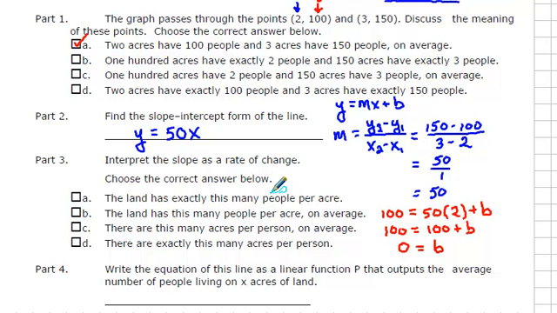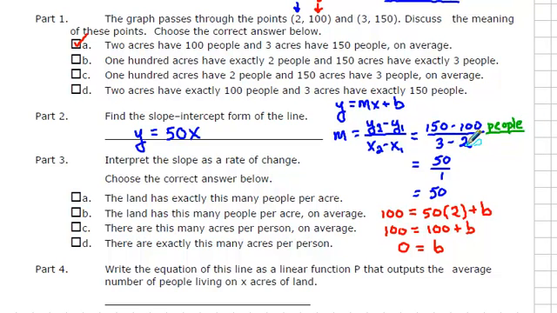In part 3, we're asked to interpret the slope as a rate of change. In order to do that, it's important to go back and attach units to the slope. So let's think about what the units are for our slope. When we calculated y2 minus y1, what we want to recall is that y2 and y1 represented the number of people. And so 150 people minus 100 people. So we have people as the unit of measurement for the numerator. And then divided by 3 minus 2.